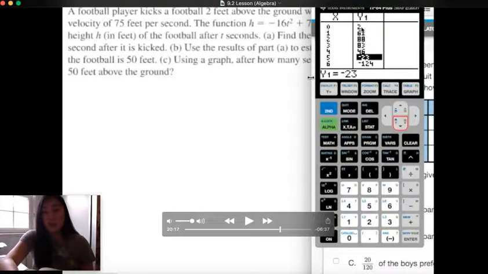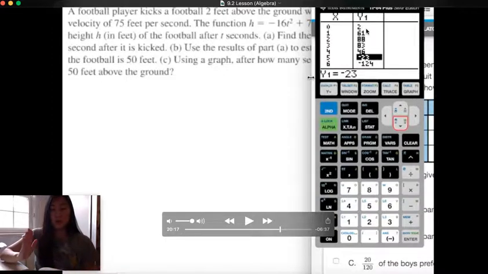So between these two is where the football is 50 feet above the ground. Based on the values of the function, between time 0 and 1 second, my football is 50 feet above the ground.